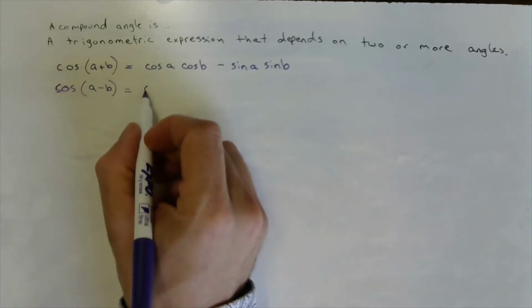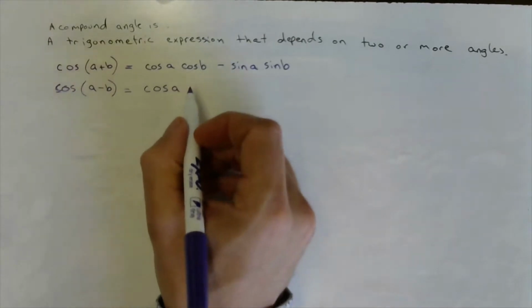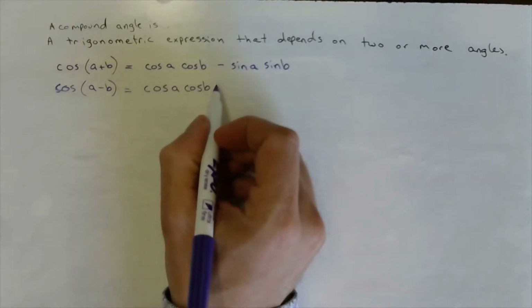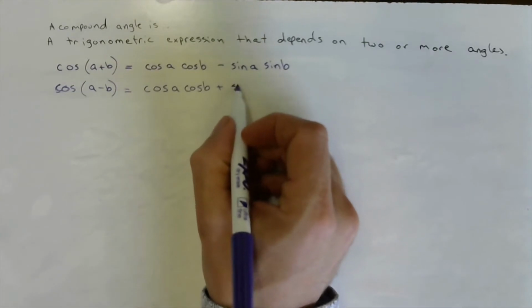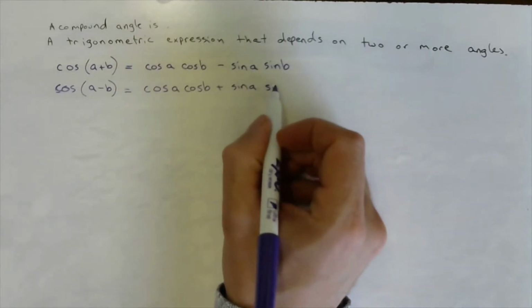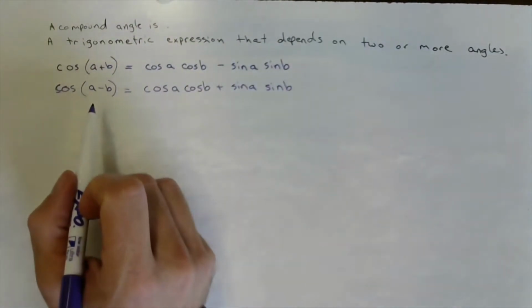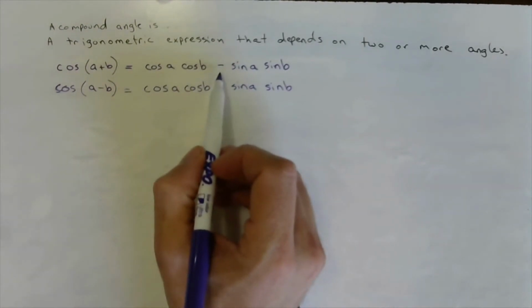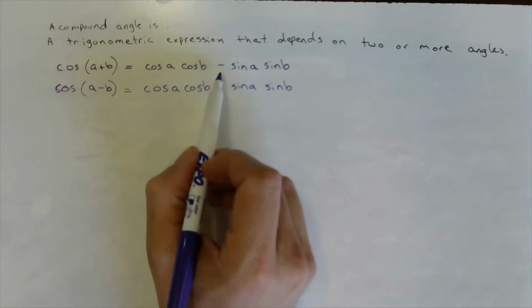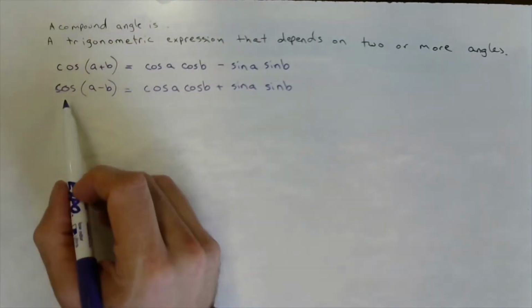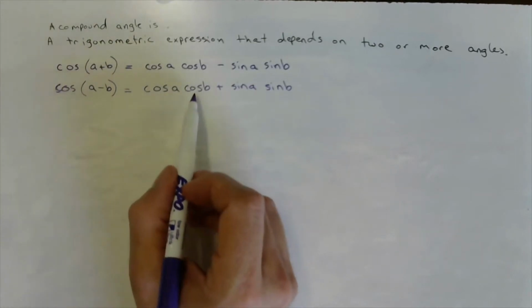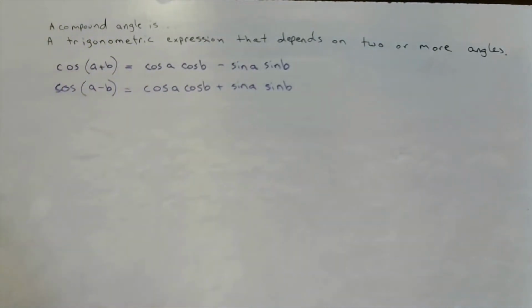And that reduces to cosine of A times the cosine of B plus the sine of A times the sine of B. So how to memorize that one? The addition formula for cosine has a subtraction in it, cos, cos minus sine, sine. And the subtraction formula for cosine has cos, cos plus sine, sine.